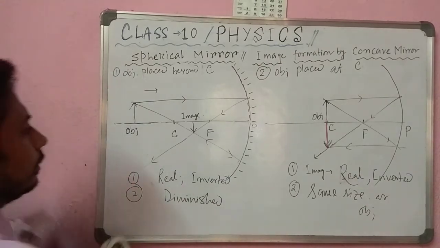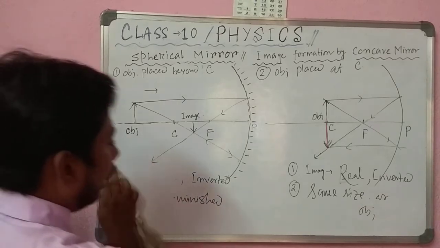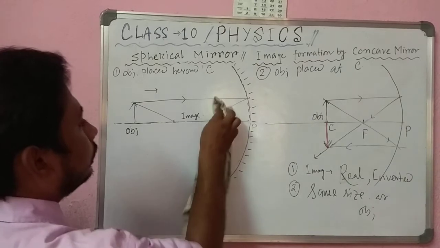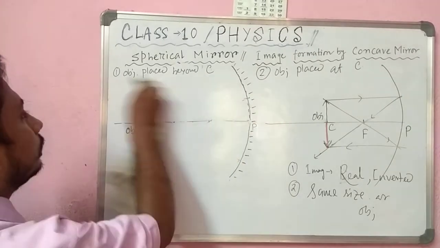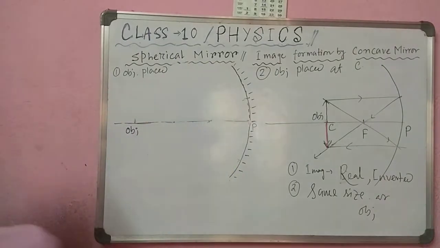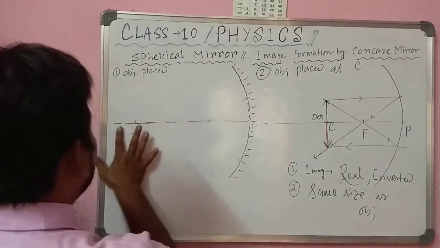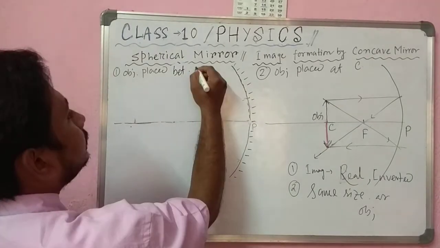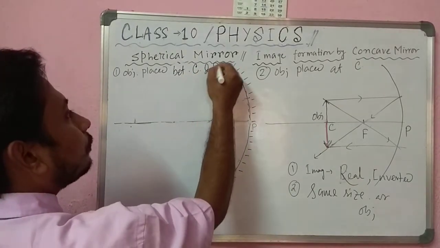So our third drawing, I can make it here also. Our third drawing: object placed between center of curvature and focus.